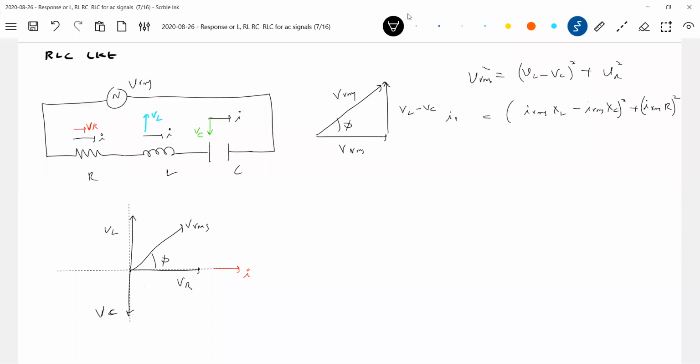This should be Z square equal to XL minus XC whole square plus R square.